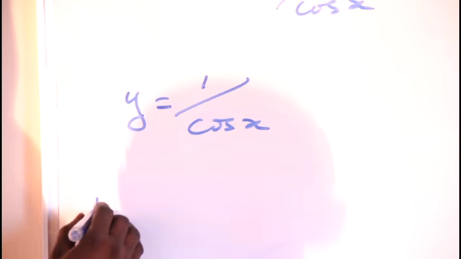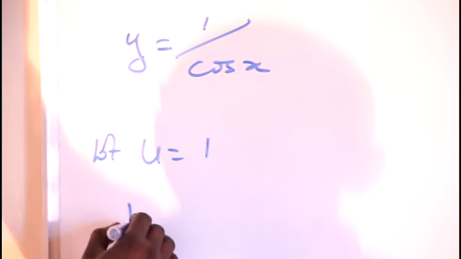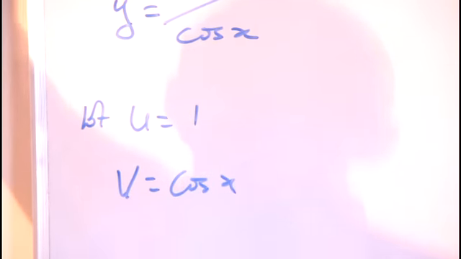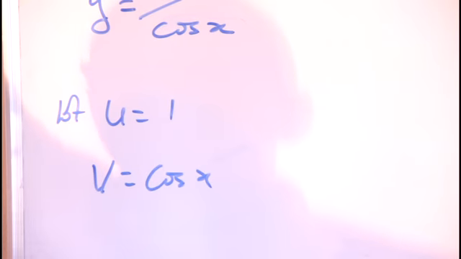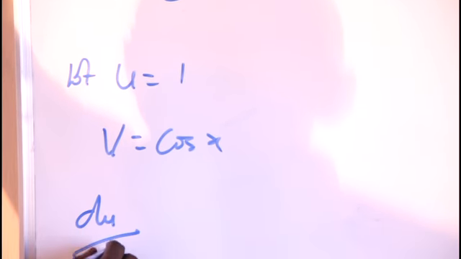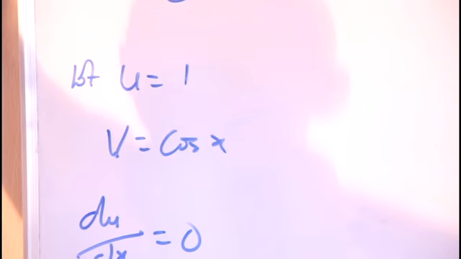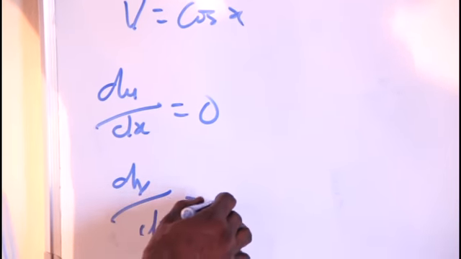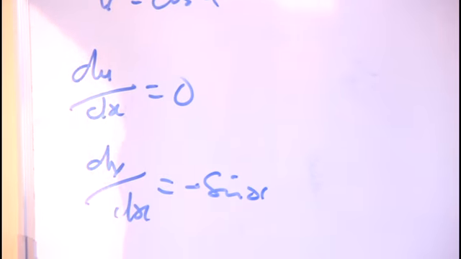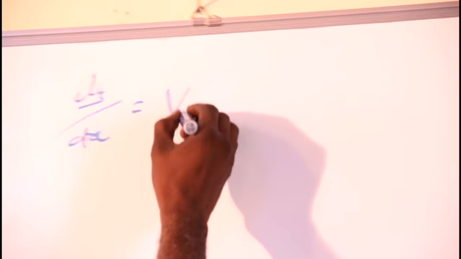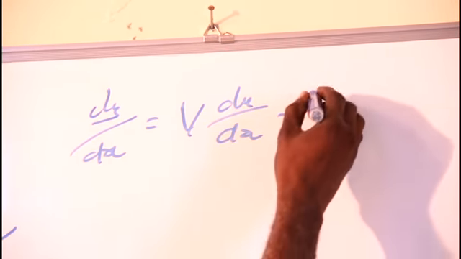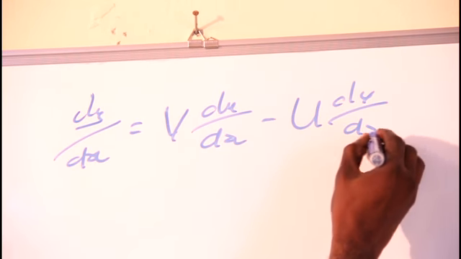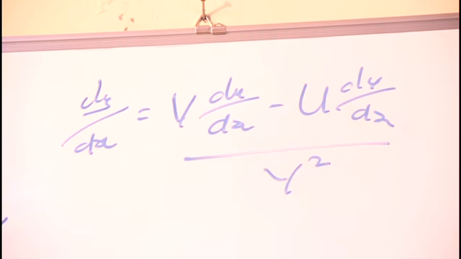So we now say let u be equal to 1 and v be equal to cos x. The derivative of u with respect to x will be equal to 0. The derivative of v with respect to x will be equal to minus sine x. Substituting into our quotient rule, which states that dy over dx is equal to v du over dx minus u dv over dx, all over v squared.